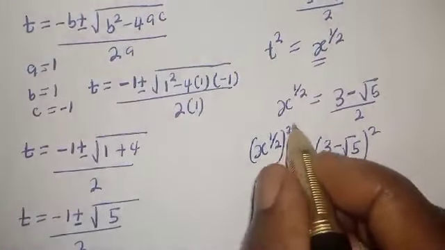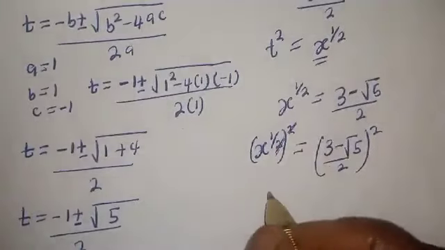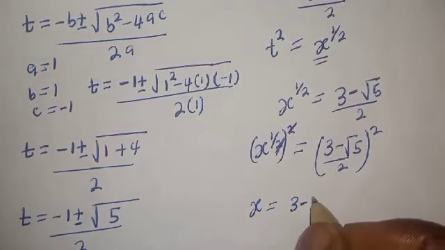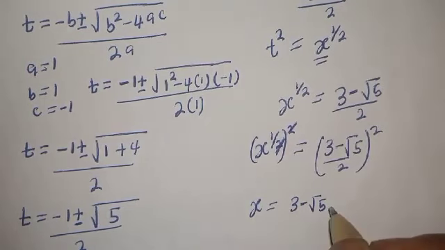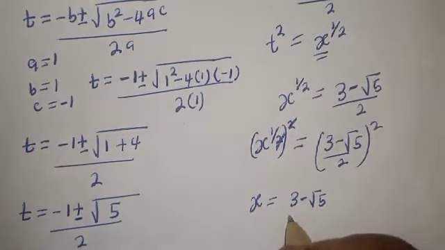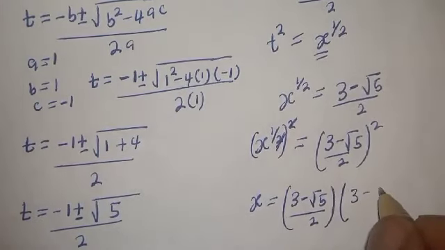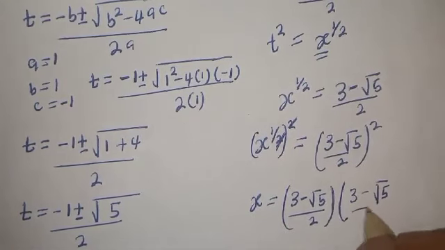This will cancel this. x is equal to 3 minus square root of 5 over 2 multiplied by 3 minus square root of 5 over 2.